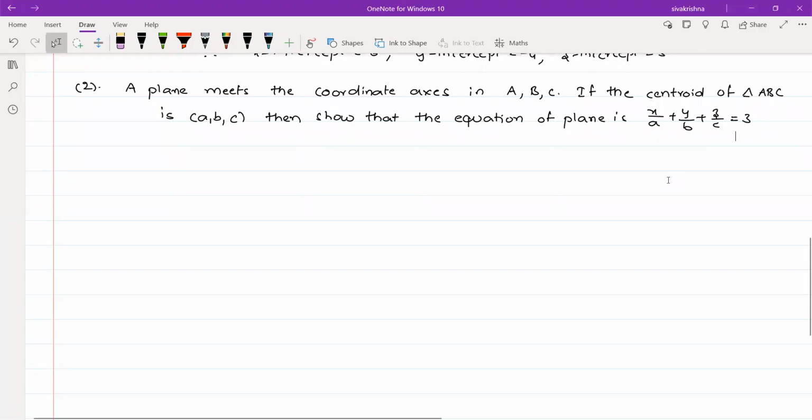So coming to the second problem. A plane meets the coordinate axis in a, b, c. The coordinate axis is nothing but the x-axis, y-axis and z-axis.